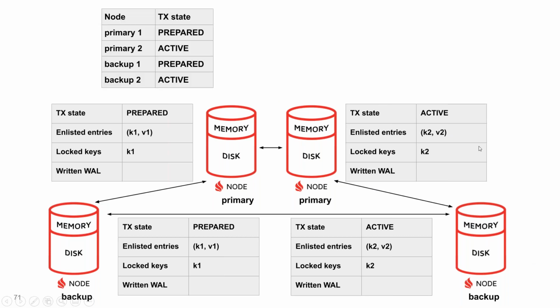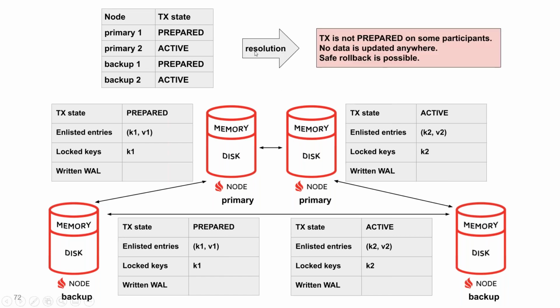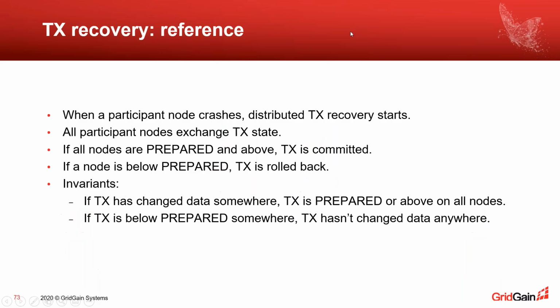In such a case, nodes will exchange their states and reach a consensus that the transaction is not prepared on some participants. So it means that no data is updated anywhere, because data starts to be updated only in the second part of the two-phase commit protocol, which takes place only after the transaction is prepared everywhere. And at this point, safe rollback is possible and the transaction will be rolled back.